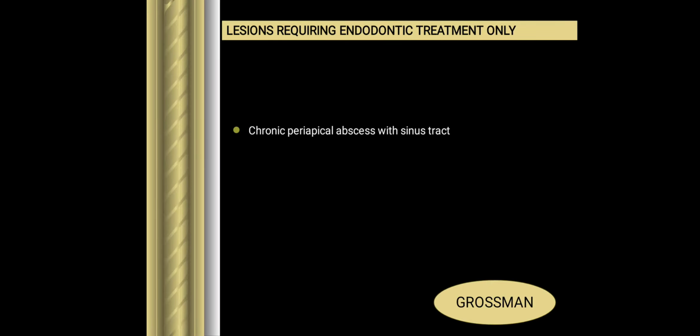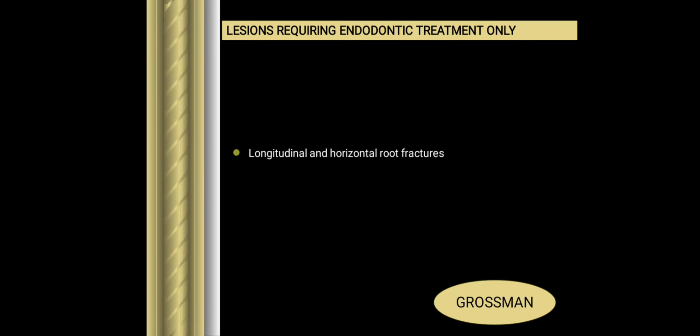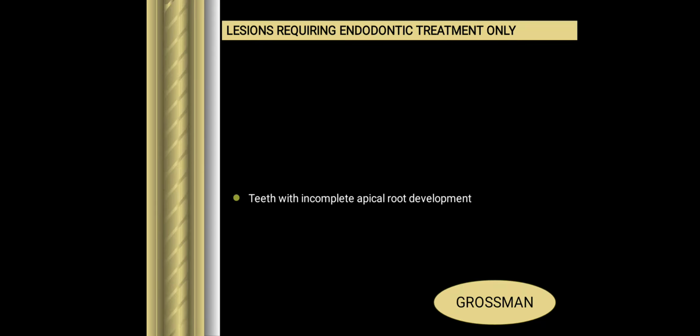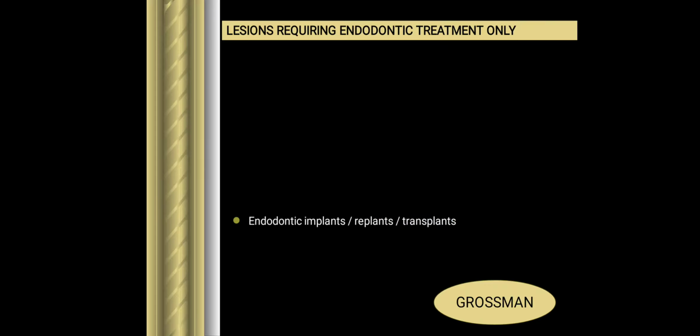Chronic periapical abscess with sinus tract, longitudinal and horizontal root fractures, pathologic and iatrogenic root perforations, teeth with incomplete apical root development, endodontic implants, replants and transplants, teeth that require hemisection, and root resections.